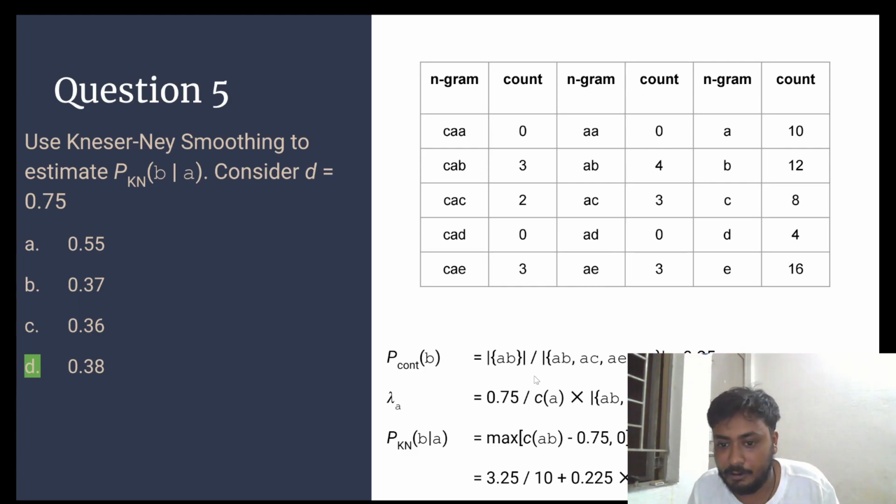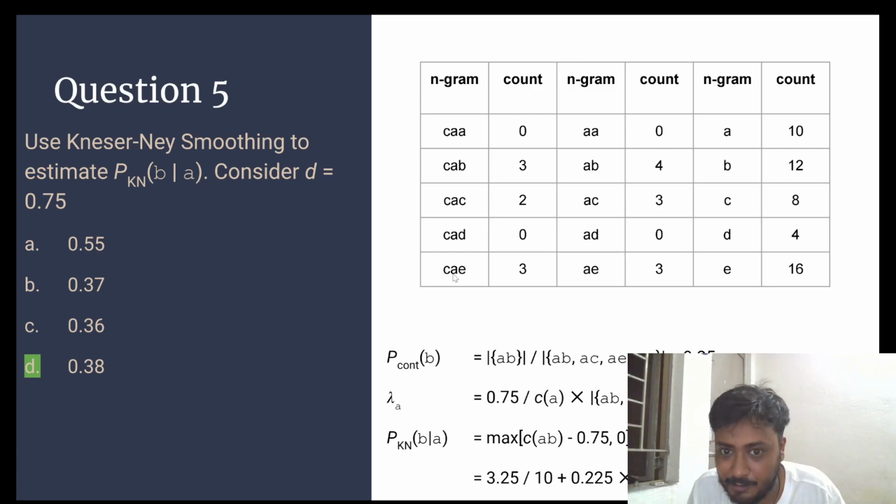When you are looking at bigrams, you cannot look at the right hand column because that is unigram. So start looking from here. If you look in this column, we have three bigrams: AB, AC, and AE. The rest was zero. But you cannot just end by looking here. You also have to look at this side. So CA is also a unique bigram, right?